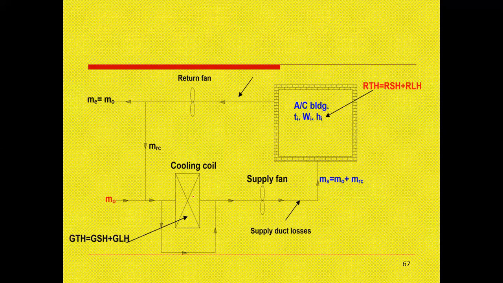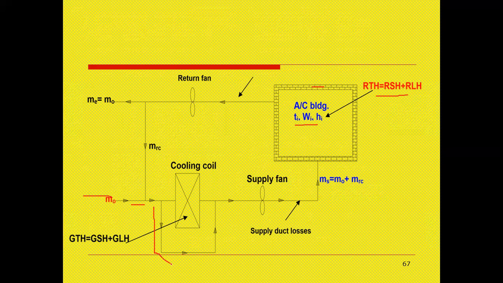Now see here what happens to the effective thing. Here the AC building has T inside, W inside and latent heat inside. So the RTH is equal to RSH plus RLH. The M naught is passing through this coil with the bypass factor.